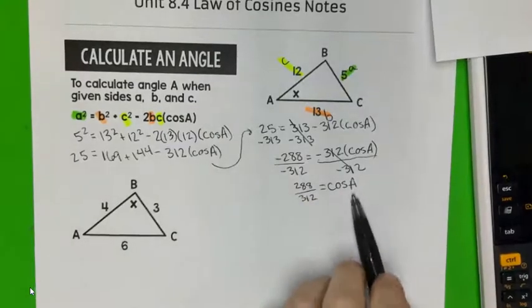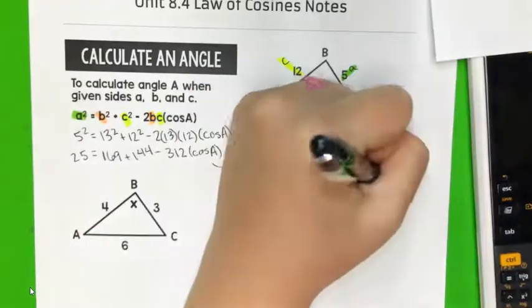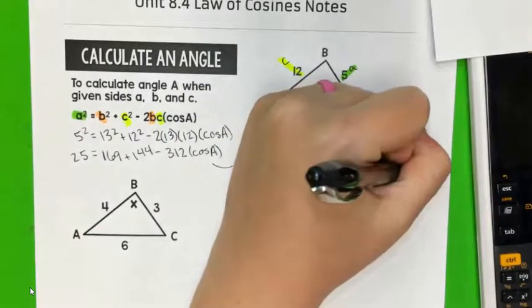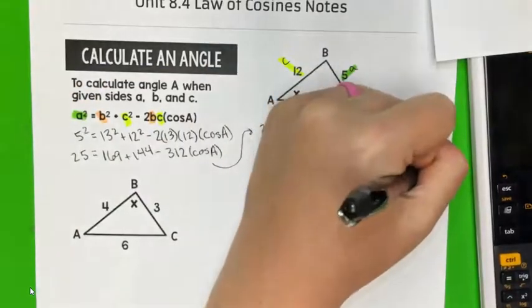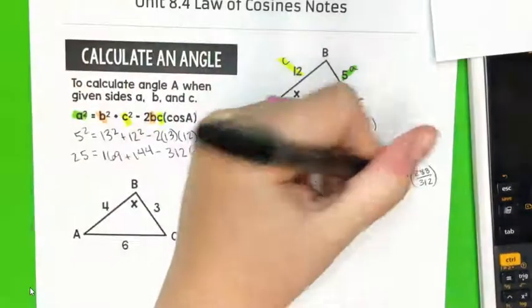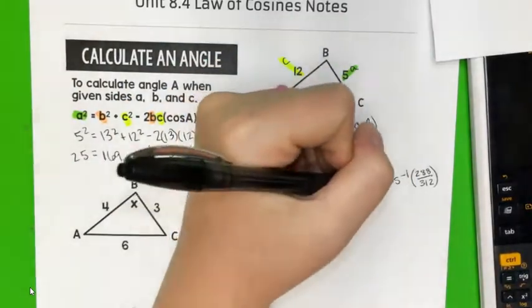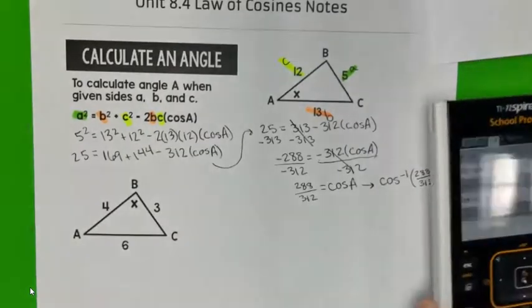Alright, if you remember, anytime we are solving for an angle, we have to use the inverse. So it will turn into cosine inverse of 288 over 312, and that is what A will equal. So let's put that in the calculator.